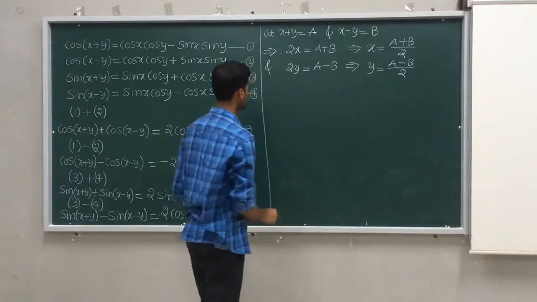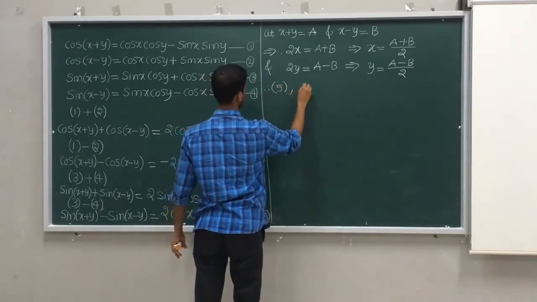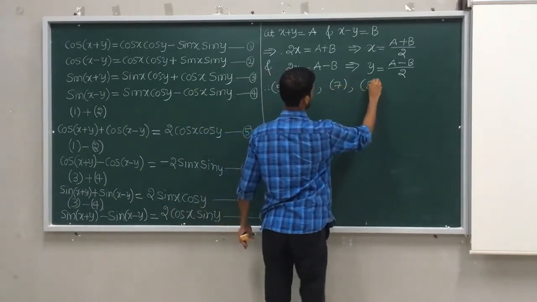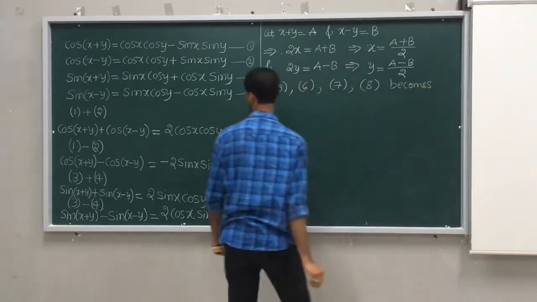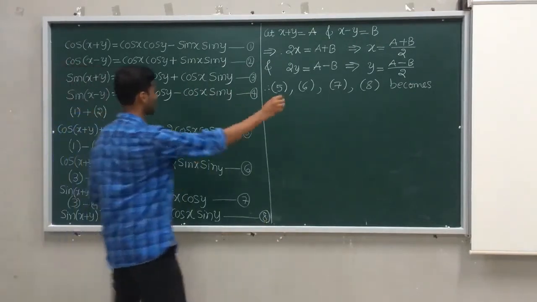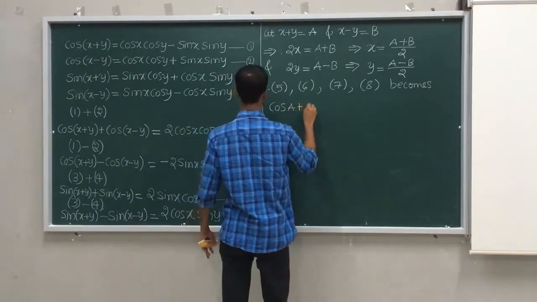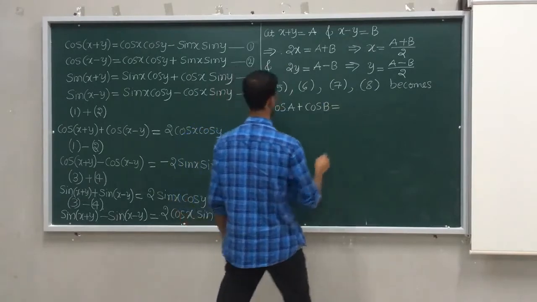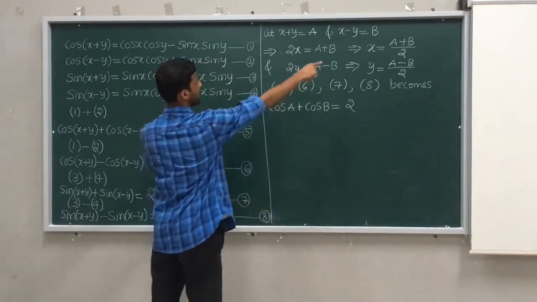Therefore, equations 5, 6, 7, 8 become as follows. Since x plus y is a, it becomes cos a plus cos b is equal to 2 times, what is x here? a plus b by 2.